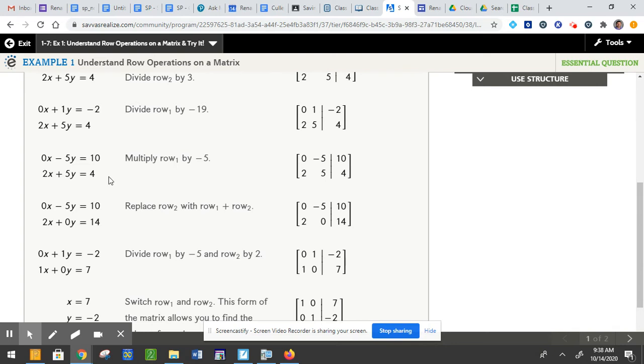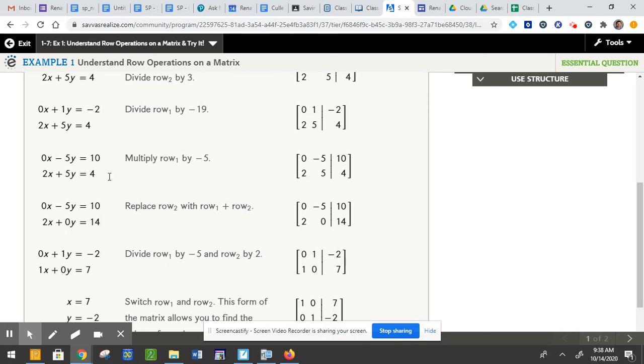So multiply the first row of the matrix by negative 5 in order to get that to cancel out. Then we add the two rows together to create a new row. Now we've got the 0 in the spot that we wanted. Now we divide that row by 2, and you get 1, 0, 7.